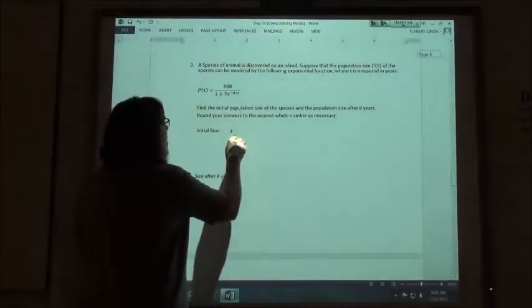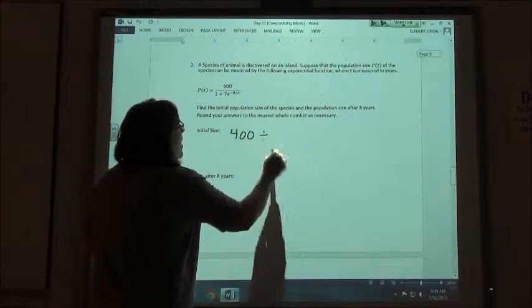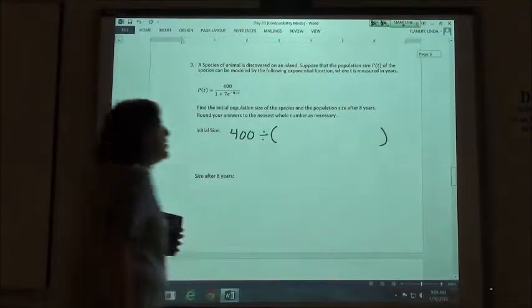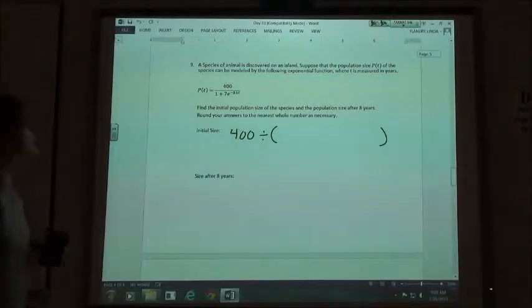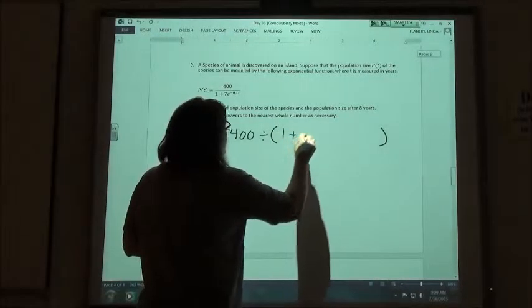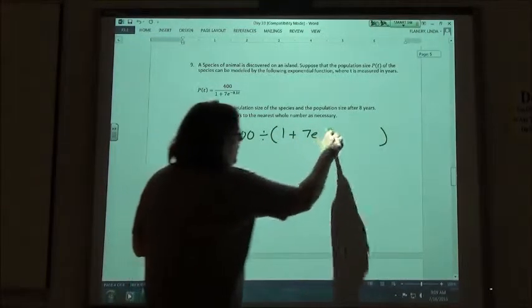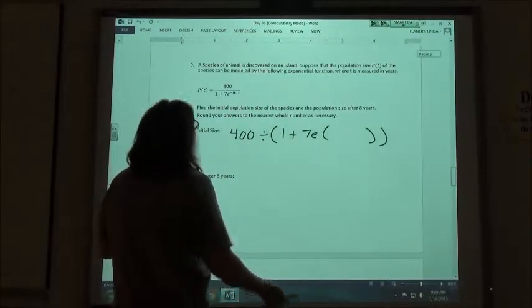So I would say 400 divided by, and since the calculator has to do the bottom part first, we got to put parentheses around there. 1 plus 7e, and then for our e, we also have to have parentheses around that.